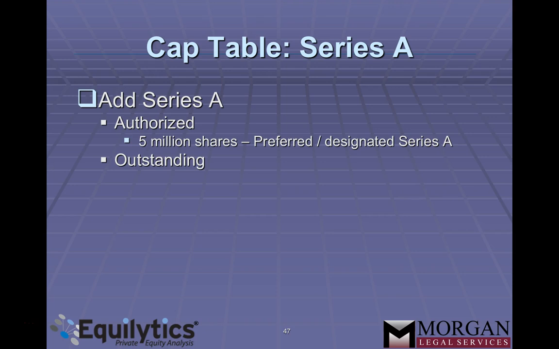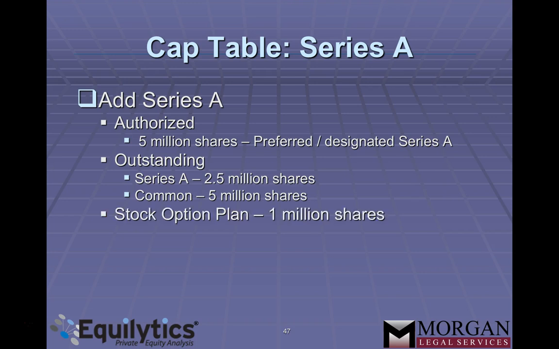What do we have outstanding? Let's assume of the 5 million shares preferred that we authorized, we have sold 2.5 million. So we have outstanding Series A at the current time, 2.5 million shares. We already have our 3 founders who have among them 5 million shares of common, and we have our stock option plan in which we set aside 1 million shares for grants.